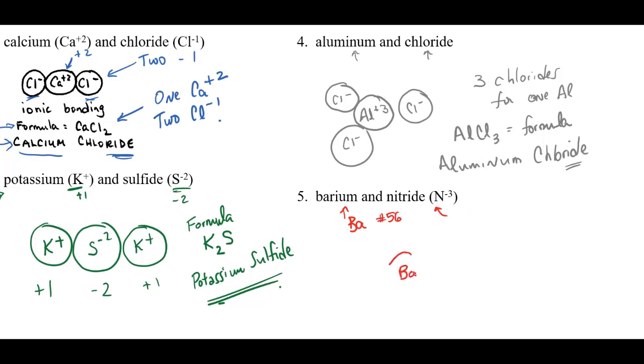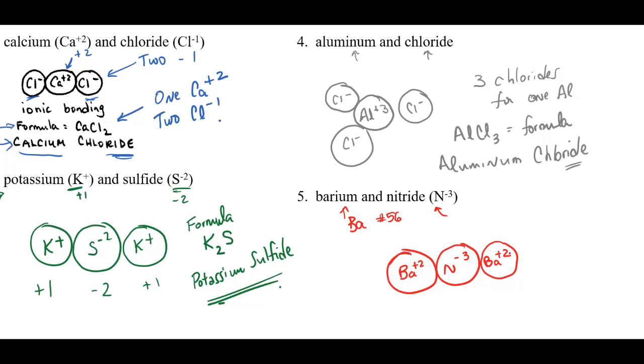Barium, Ba, plus 2, same family as magnesium and calcium. Nitride, N minus 3. You can see they don't balance in a 1-to-1 ratio. They don't balance in a 2-to-1 ratio either.